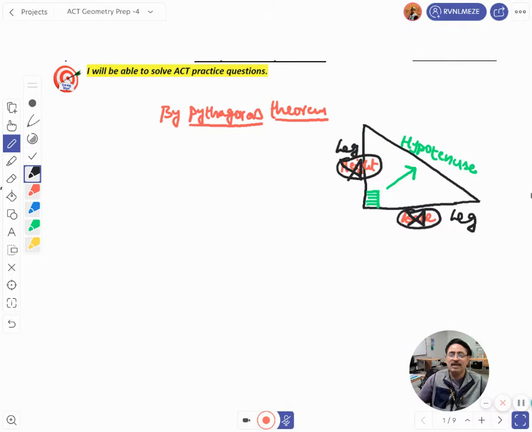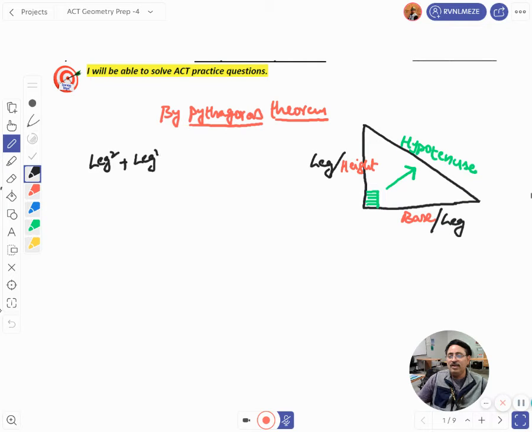Is it a base? Yes. Is it a leg? Yes, it is. So either way you can take it. The condition says that leg square plus leg square equals hypotenuse square.